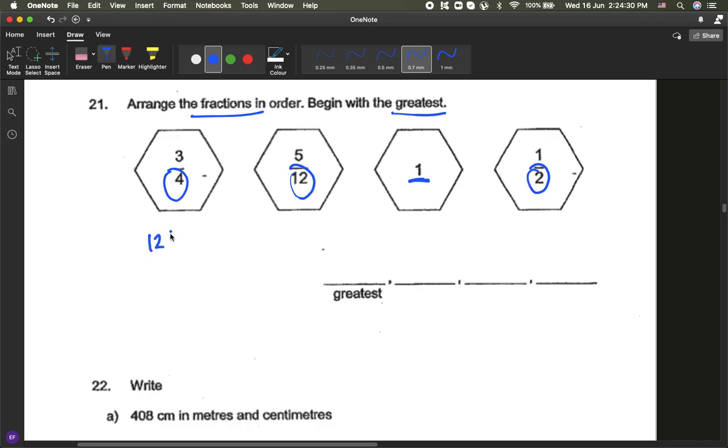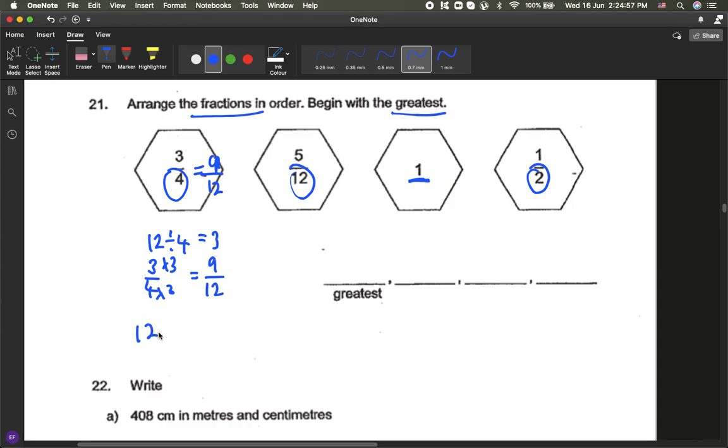So is 12 divided by 4 possible? Yes, it is. 12 divided by 4 is 3. So we can convert this fraction, 3 over 4, into 3 times 3 is 9, and 4 times 3 is 12. So this is equal to 9 over 12. But what about 2?